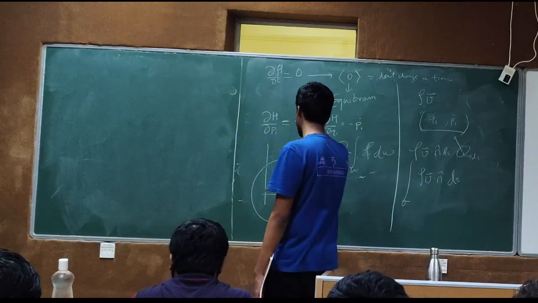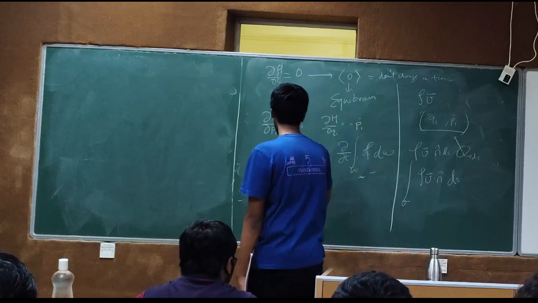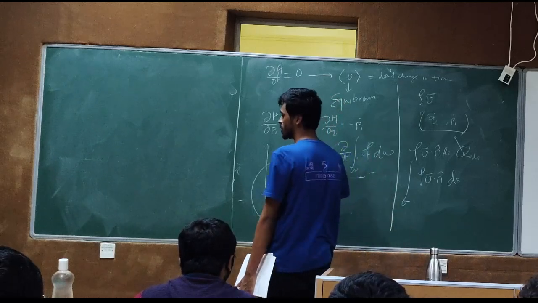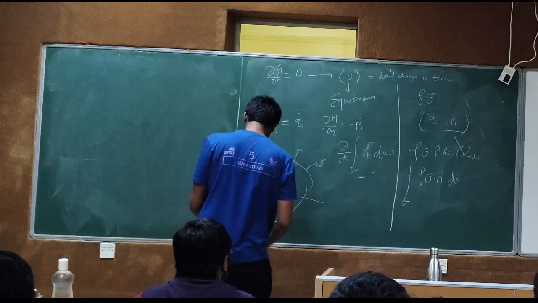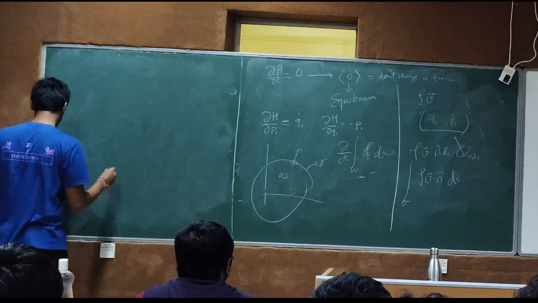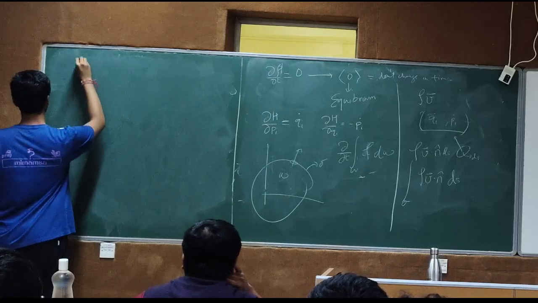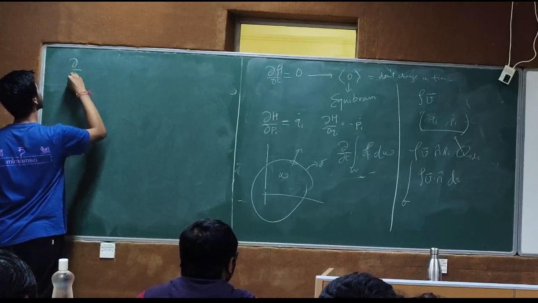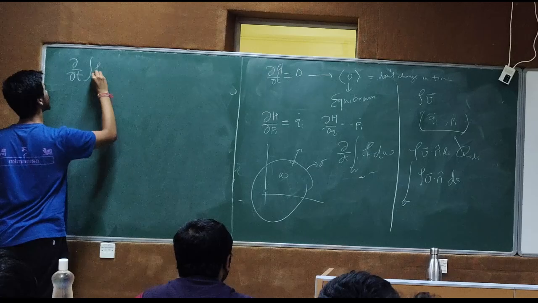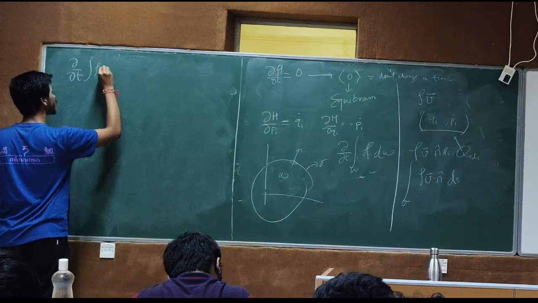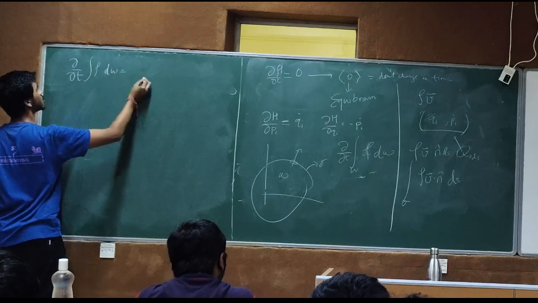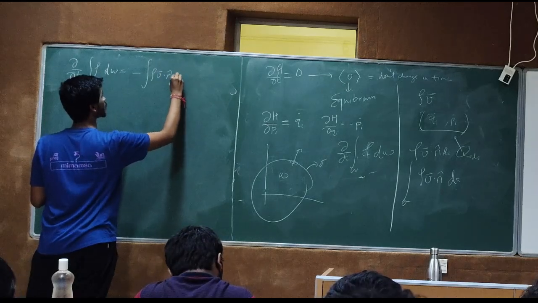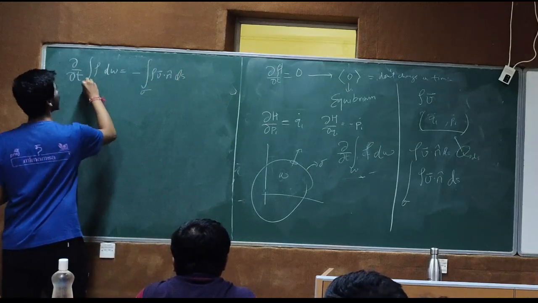So the number of points as a whole is conserved. The number of points coming out of the system per unit time is equal to the change in the number of points inside the volume. So you can equate these two things, and you can write this.